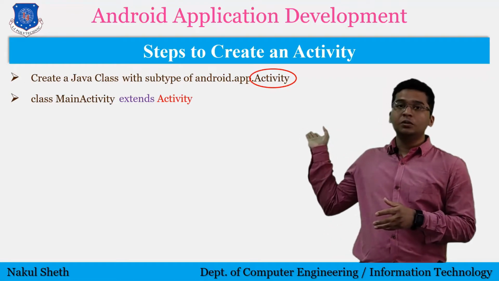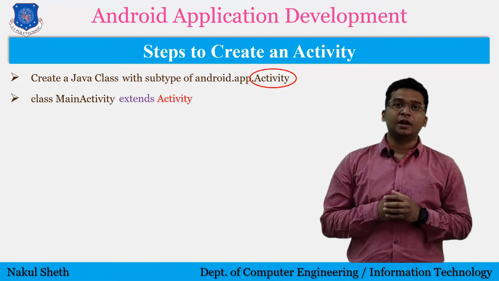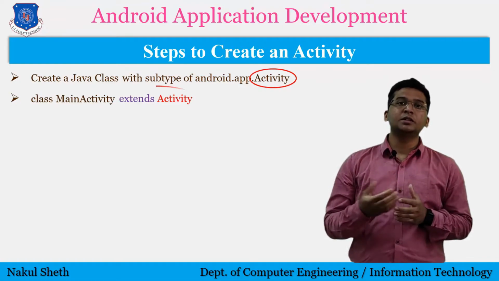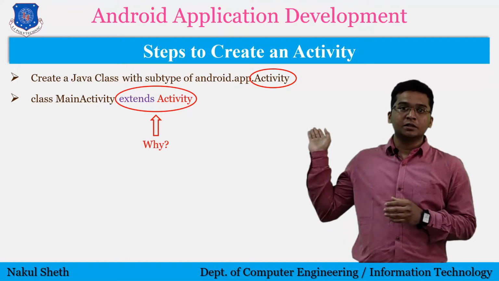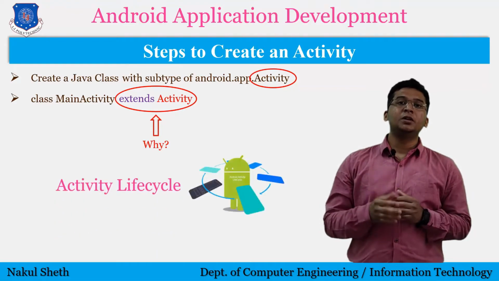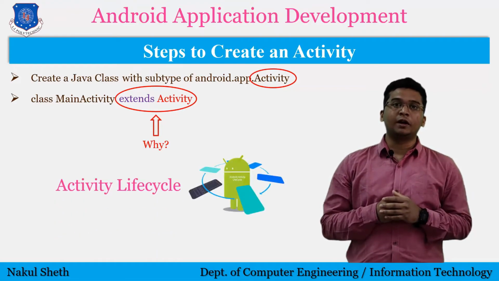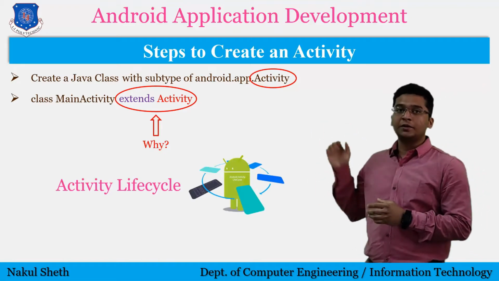This is how we can create an activity in Android. Now the question is, what is the need of extending this Activity class? To understand this question, first we need to understand the lifecycle of an activity. So let us understand the Android activity lifecycle.